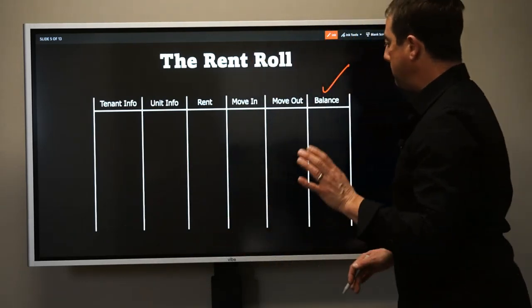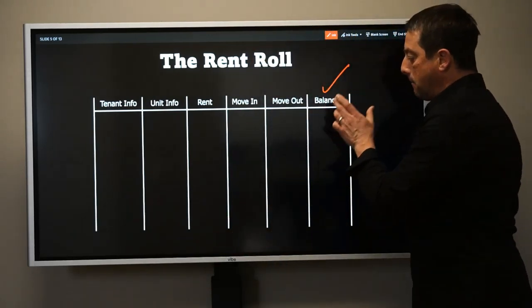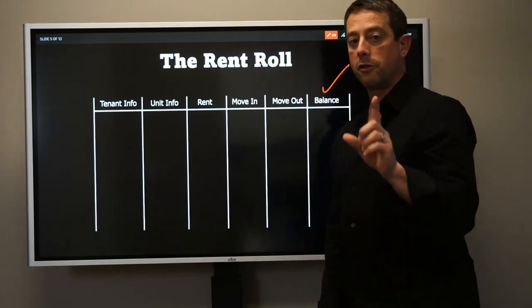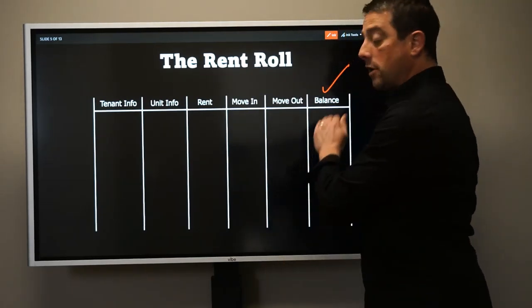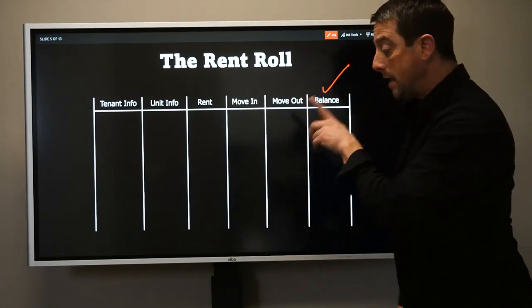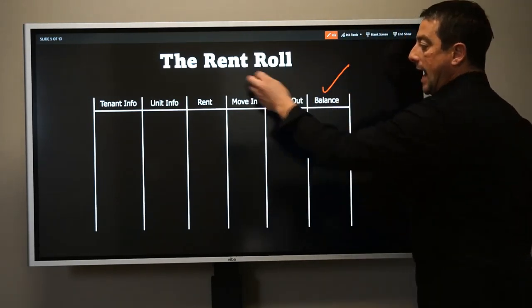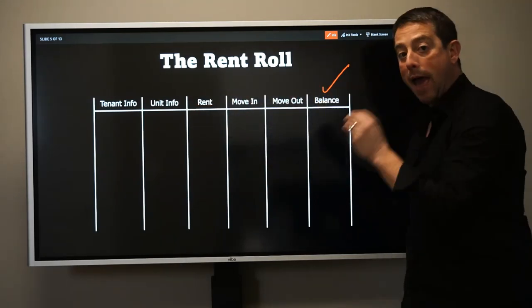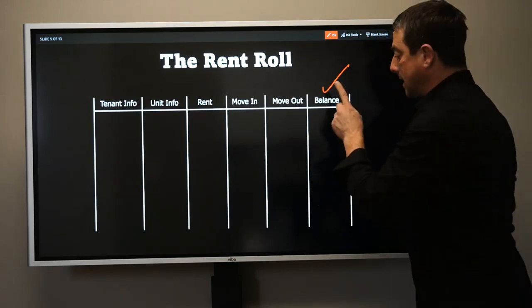So keep in mind that the tenant balance column is a debit column by nature. Therefore, negatives are positive and positives are negative. Meaning, if a tenant has a positive balance, that's bad, that's negative, because that means they owe that money.